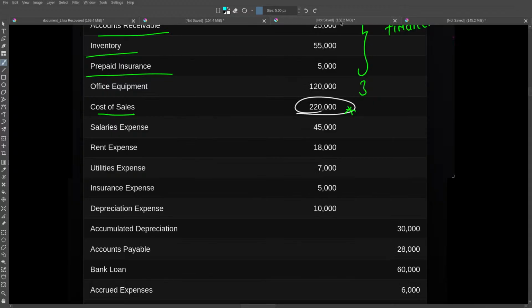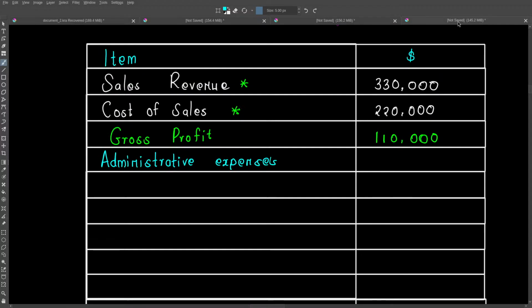We have here salaries, okay? To understand the difference between the two, let's say it was indicated that these salaries are for salesmen, sales people, then this is basically going to be selling and distribution expenses.